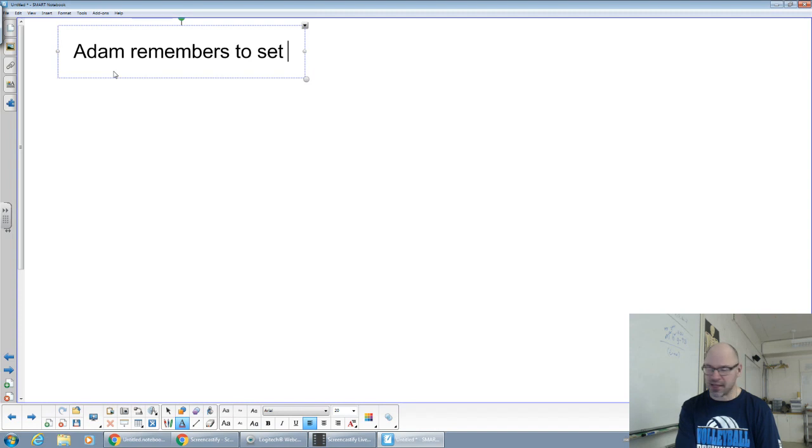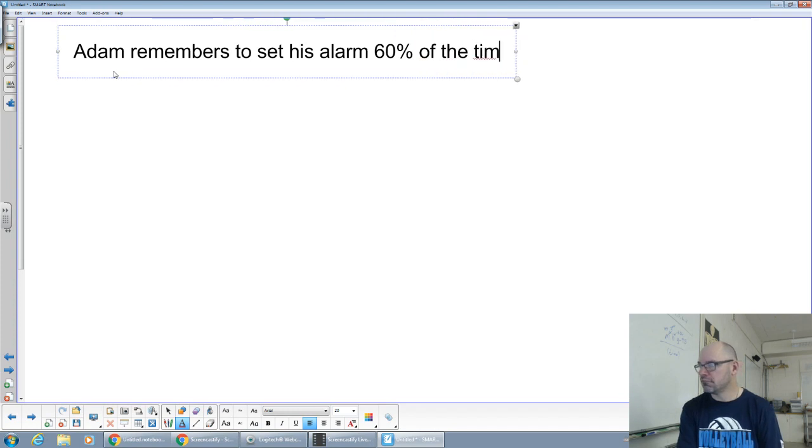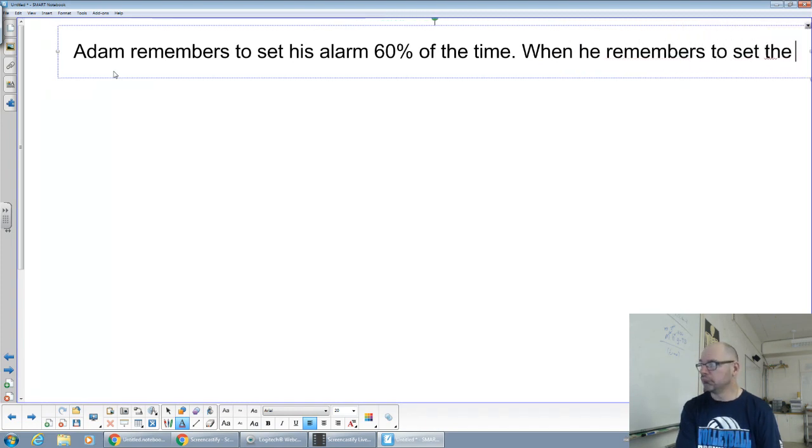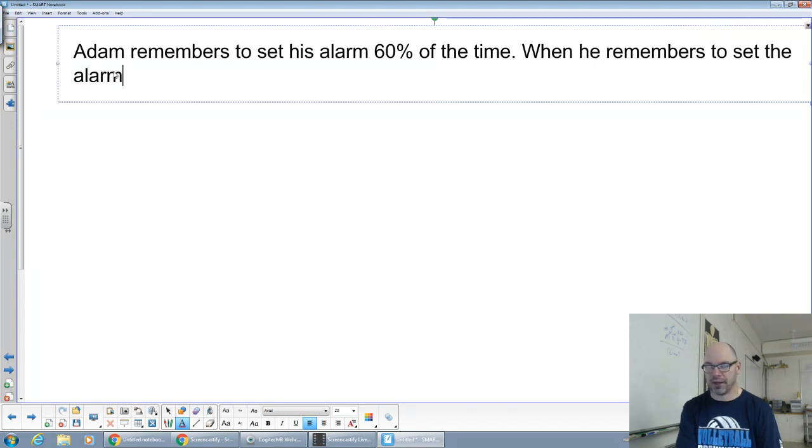Adam remembers to set his alarm on his phone 60% of the time. When he remembers to set the alarm, so that's conditional, he misses the bus 10% of the time.